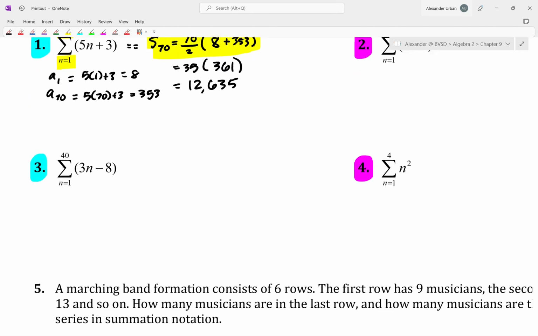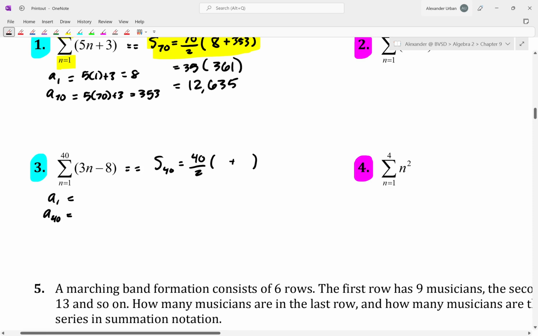On this here, we can see that we have a summation of 3n minus 8. This is linear, so I'm going to use my summation formula that I had before. The summation of all 40 terms will be equal to 40 over 2 times our first term plus our last term. Our first term is 3 times 1 minus 8. That's going to get us negative 5.